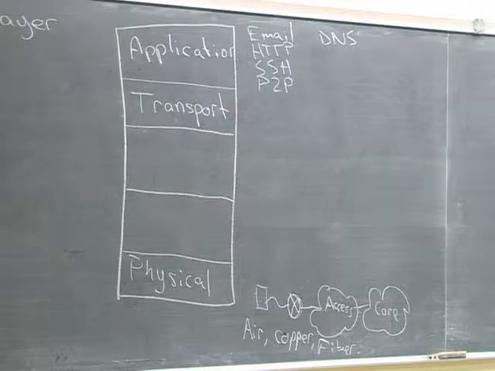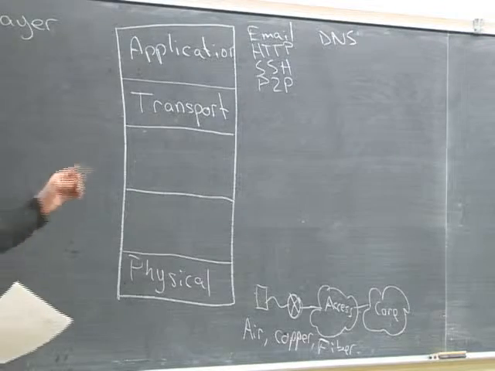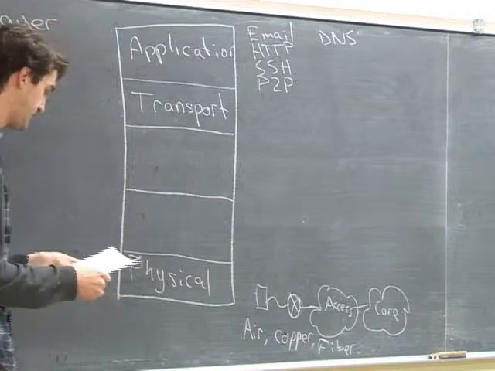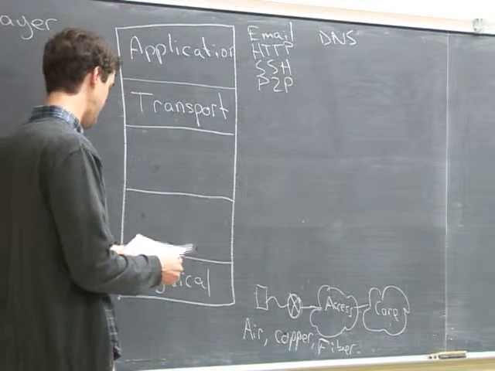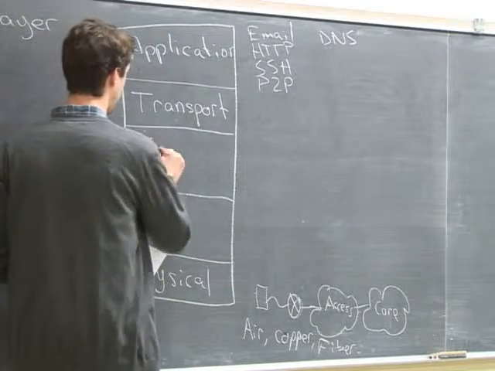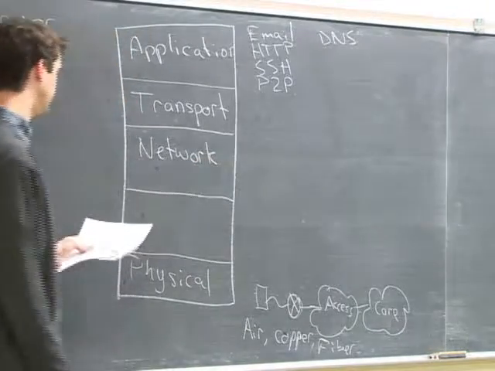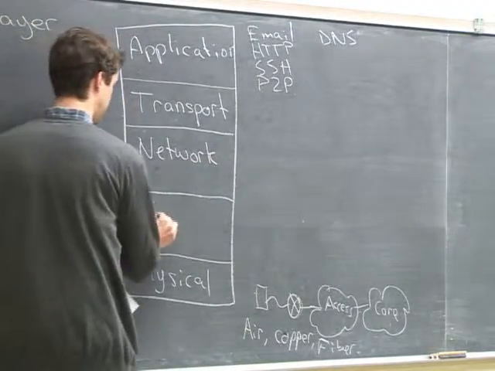I will define the functionality of the transport layer momentarily, but before I do, let me just fill in these remaining 2 blanks. So below the transport layer, we have the network layer, and below that we have the link layer.